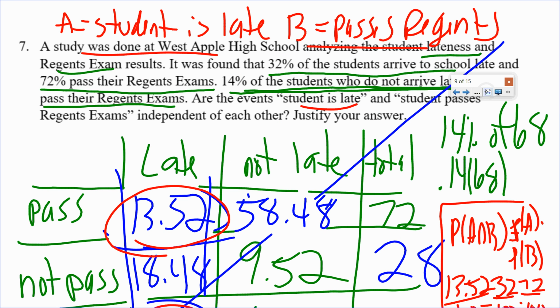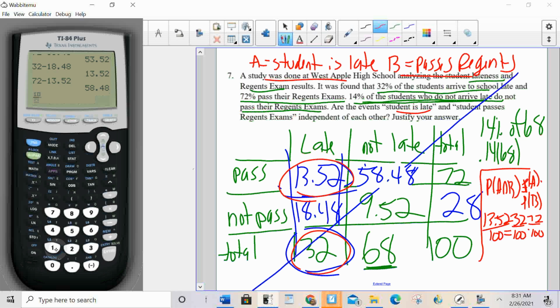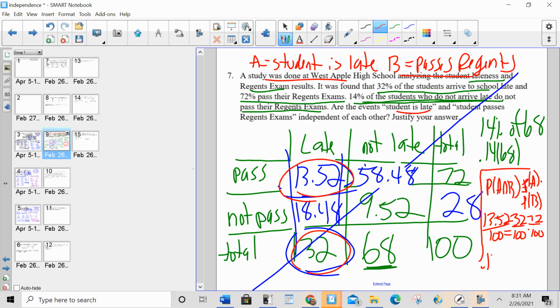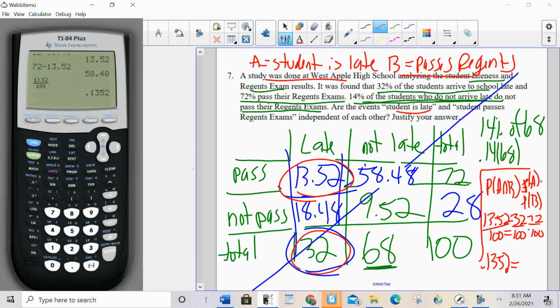So my left-hand side, 13.52 over 100, is 0.1352. And then I got 32 over 100 times 72 over 100.